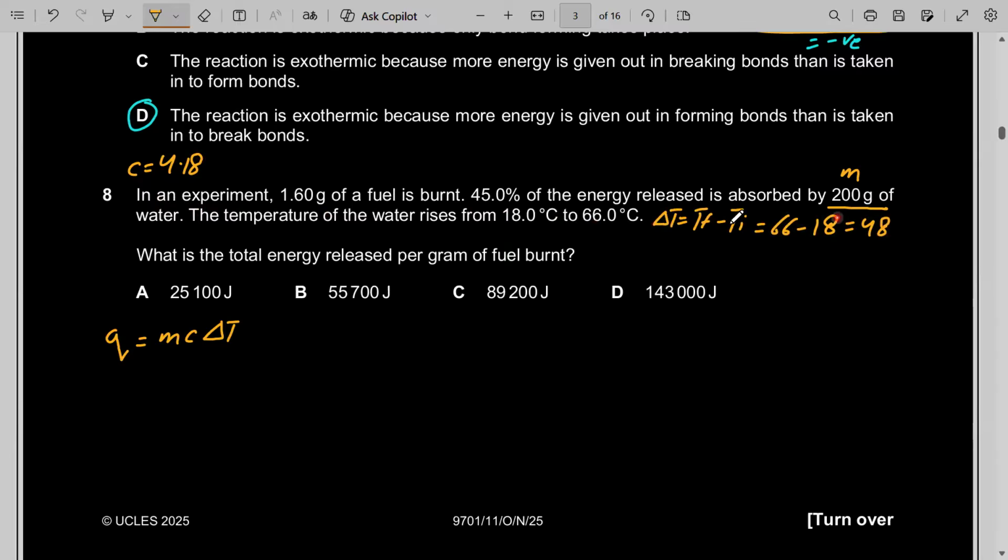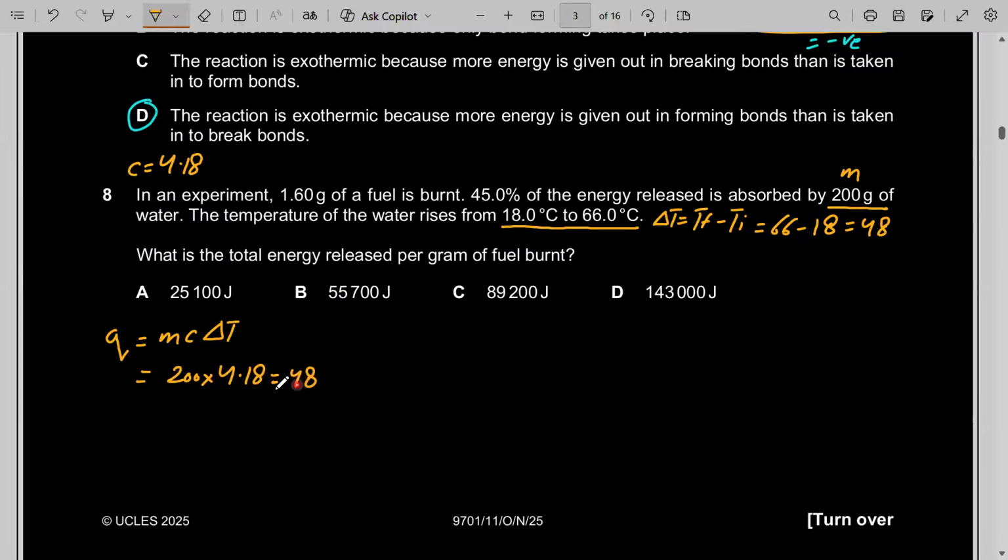You do not need to convert the values into Kelvin and then do the difference, because it is simply a temperature difference. Whether you take centigrade or Kelvin, that will remain the same. Now put the values here. Mass is 200 gram, C value is 4.18 and delta T is equal to 48.